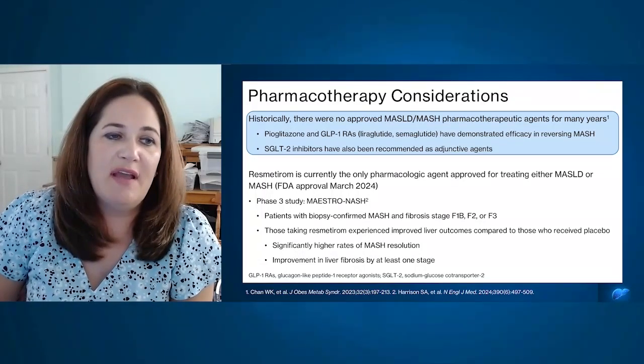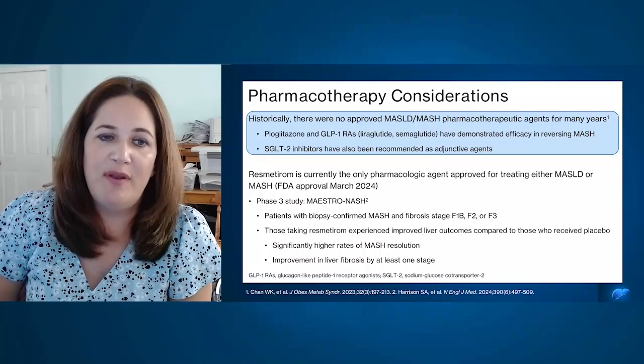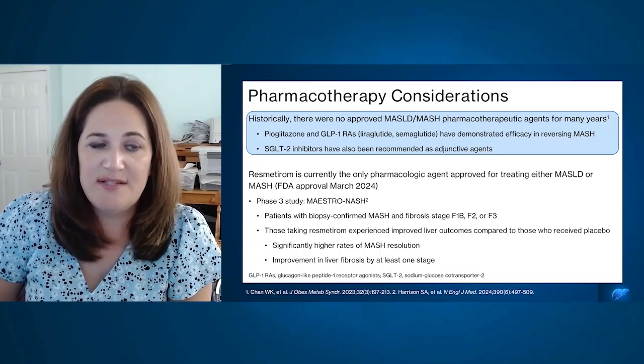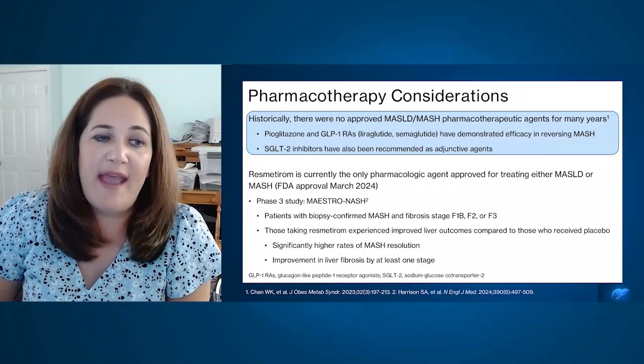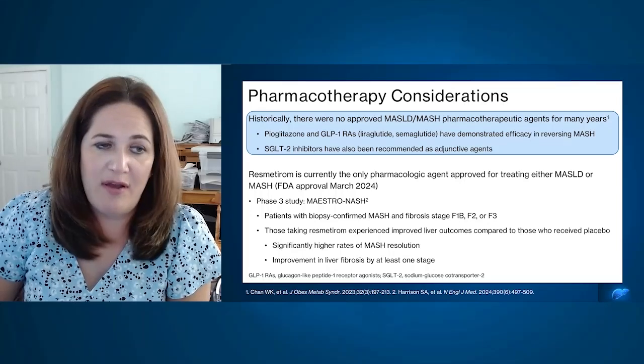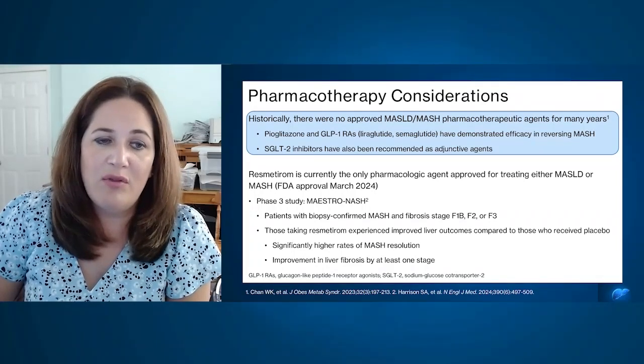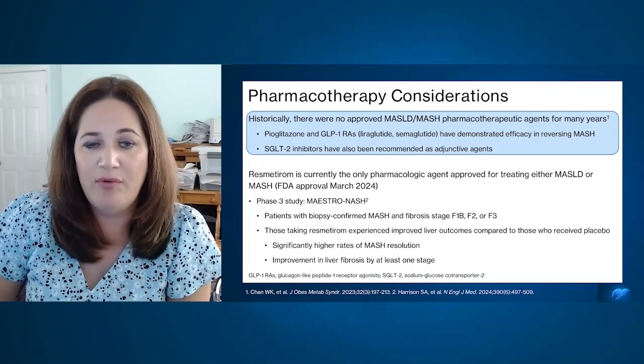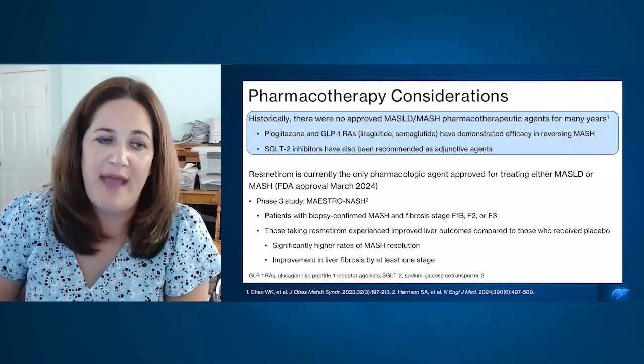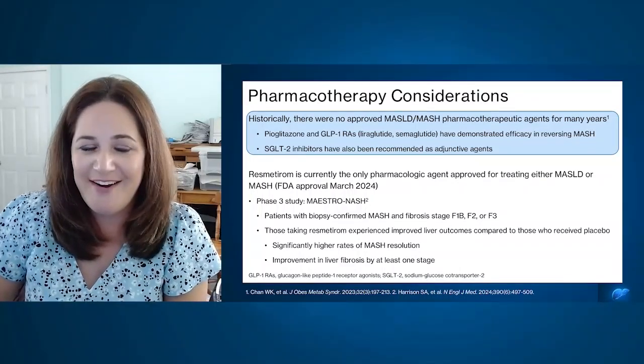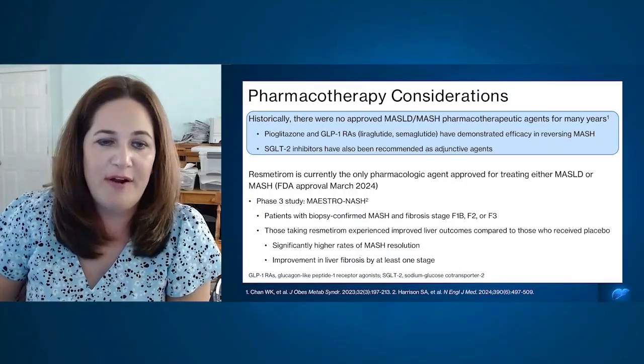And then SGLT2 inhibitors have also been recommended as adjunctive agents. We now have resmetirom, and it's currently the only pharmacologic agent approved for treating either MASLD or MASH, and it was just approved this year in March of 2024.